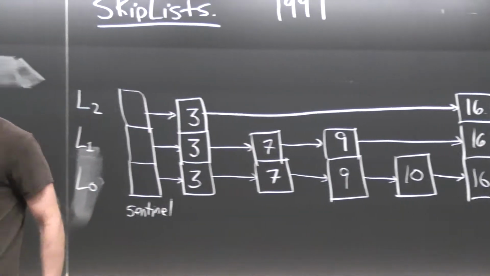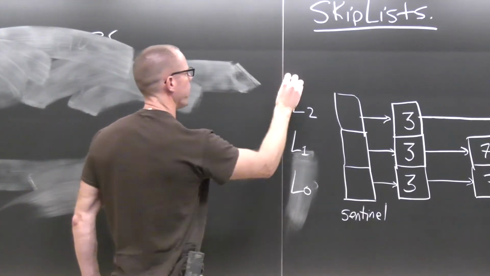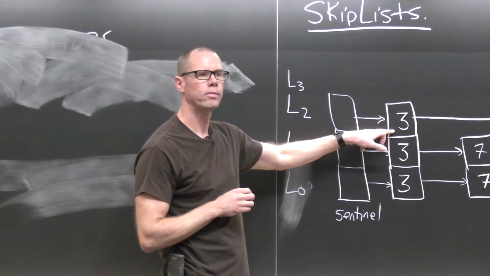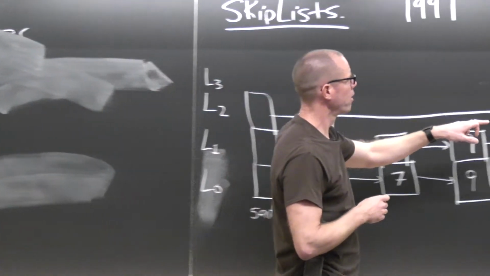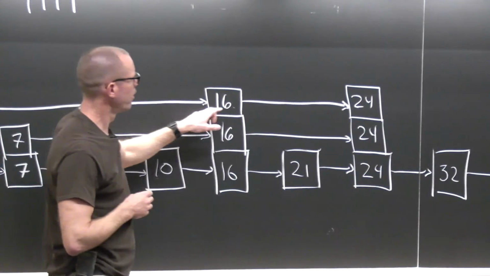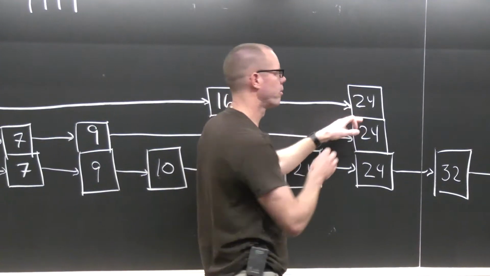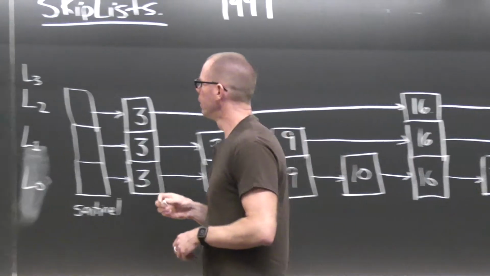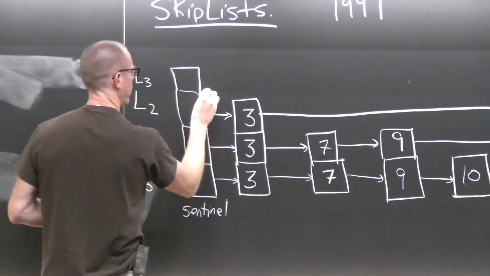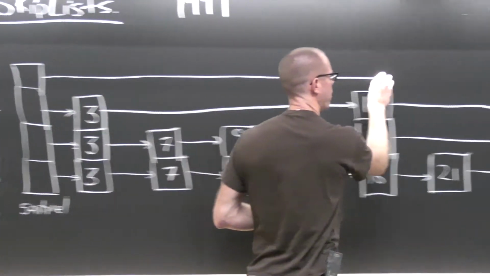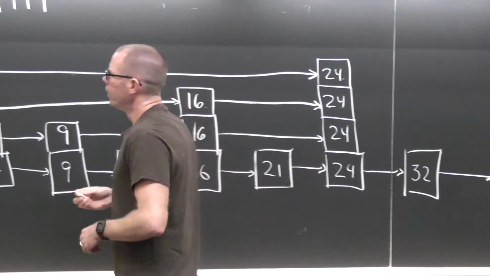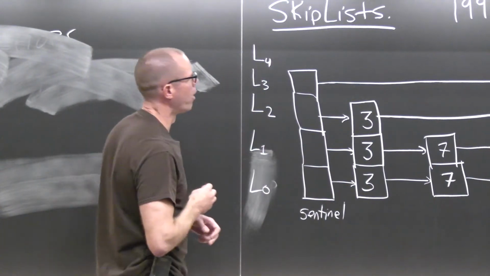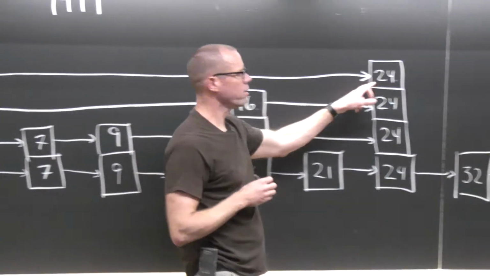And we keep going to make L3. Coin toss. Tails. Coin toss. Coin toss. So L3 looks like this. And we keep going to make L4. Coin toss.